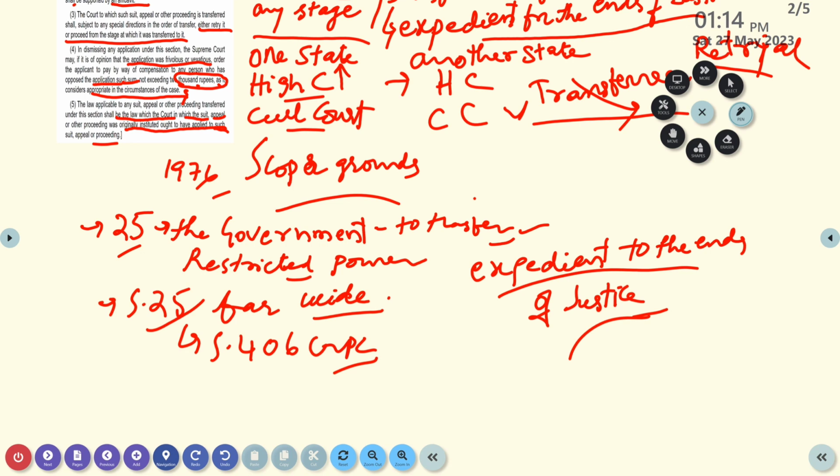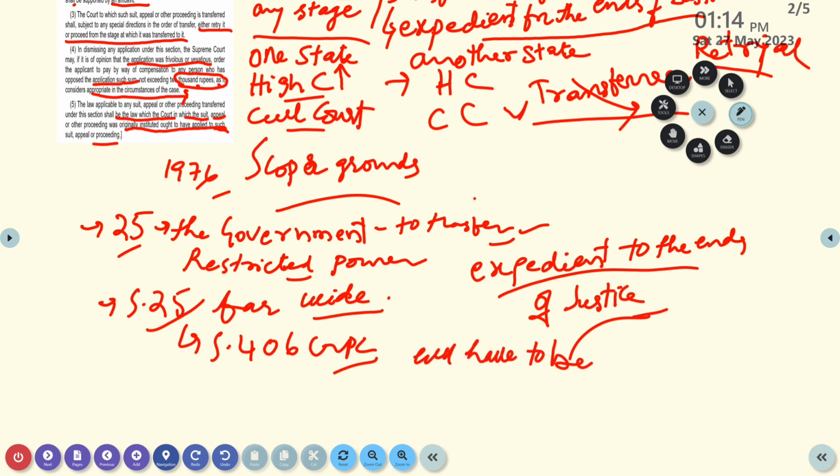So what is expedient to the ends of justice? There is no definition, but it should be judged by the totality of facts and circumstances.